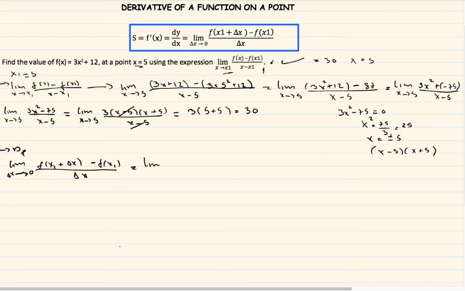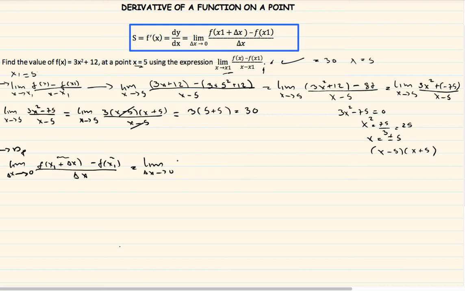In our function, wherever we have x, we replace it by x1 plus delta x, and for f of x1 we use the value we saw from the previous case, which is 87.